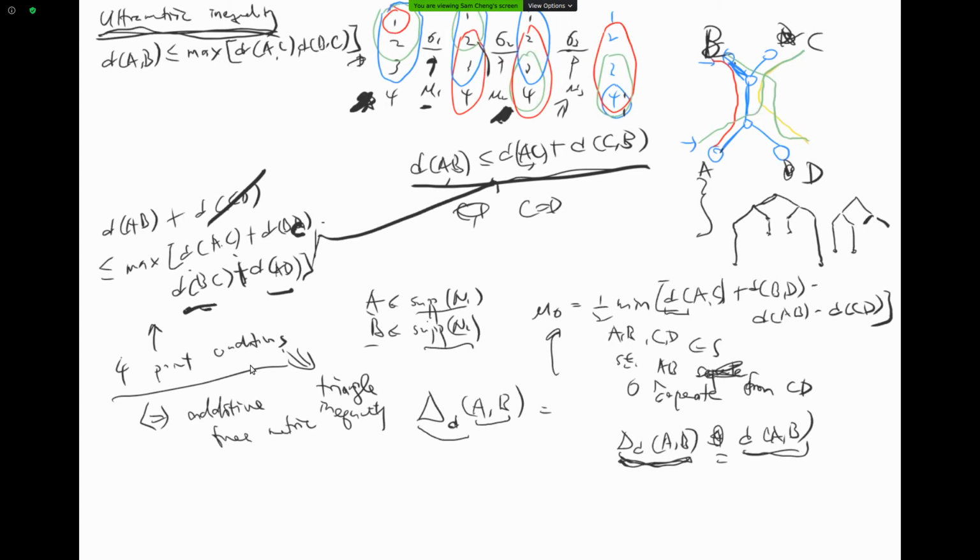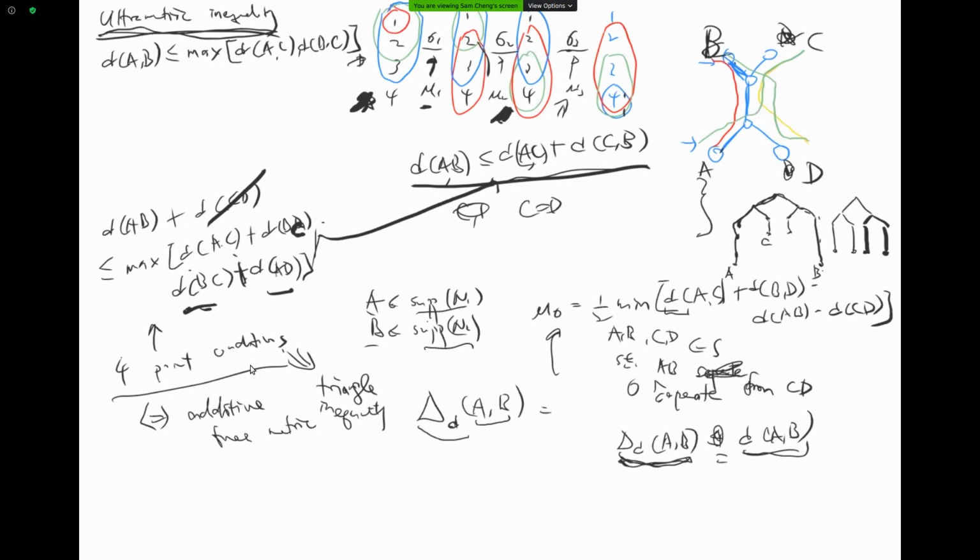So for example, let's say AB is here and I have a C here. Then DAB is much longer, assuming the length here represents the distance along the path.